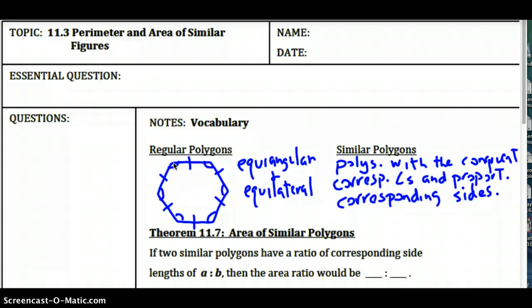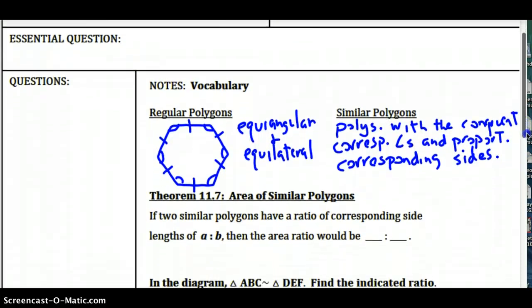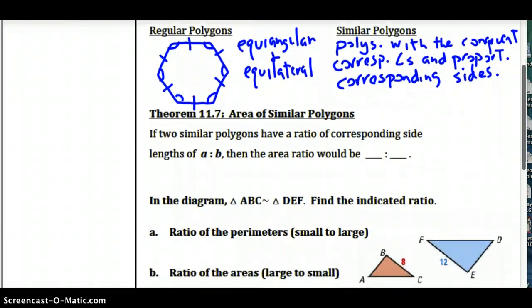Now when we compare areas of similar polygons, since area is two dimensions, if I have an A:B ratio, then I'm going to have an A squared to B squared ratio of areas.